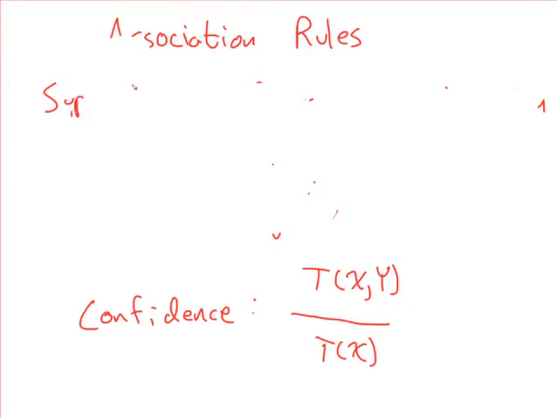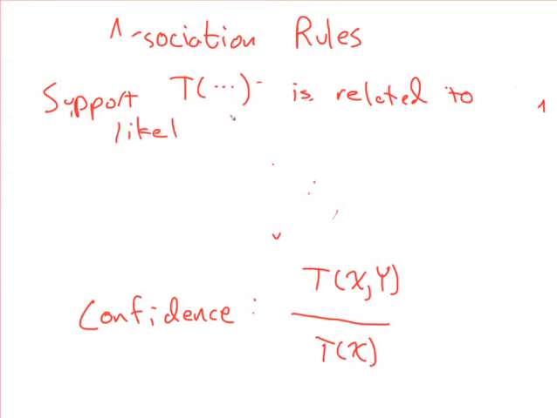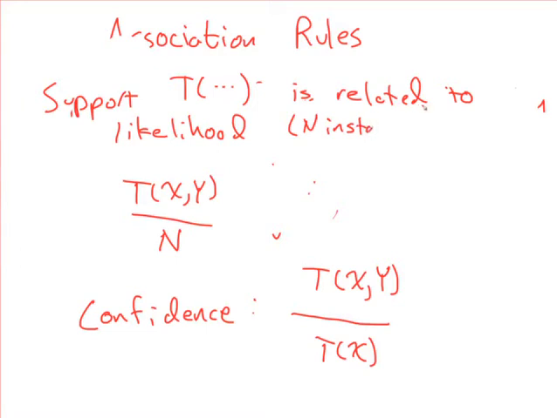So support, that thing where we use T and then in parentheses put some items, is related to likelihood or probability or deviations. The way it's related, if we have something like the support of x and y, and then we divide it by the number of instances n, so we're going to have a data set with capital N instances.